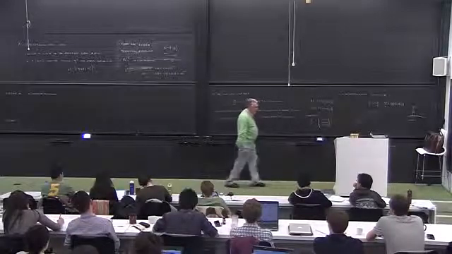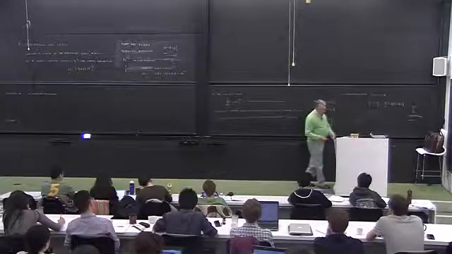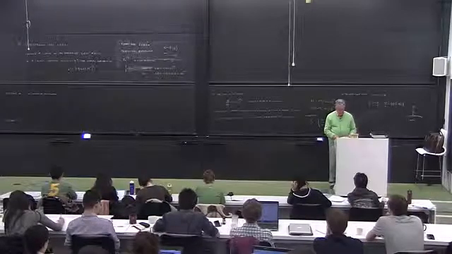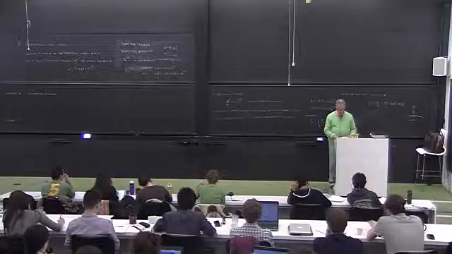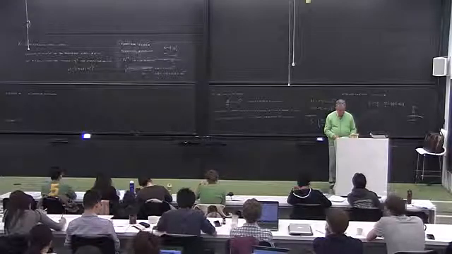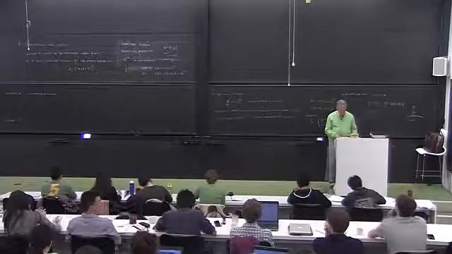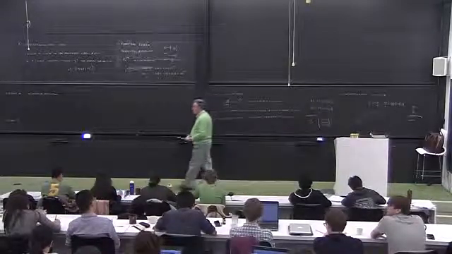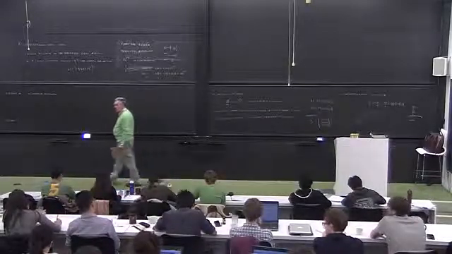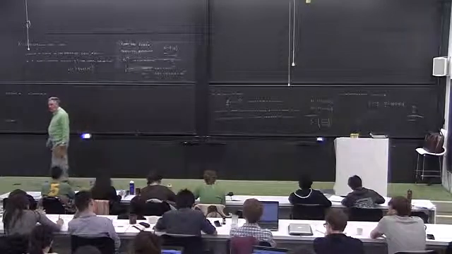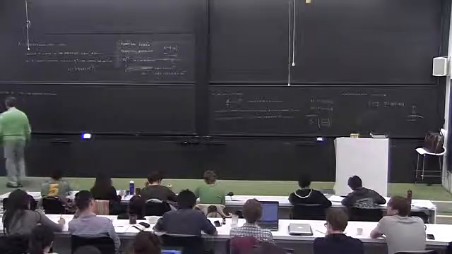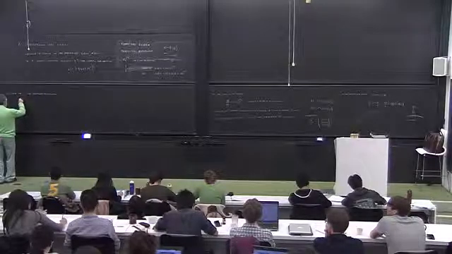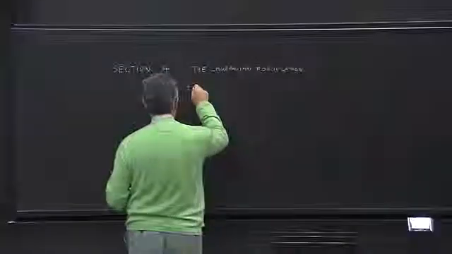So we're going to be showing how Einstein's equations and the equations of the other fields that gravity is coupled to follow from a Lagrangian, or more precisely, an action, which is the integral over all space of a Lagrangian density. So the first thing we need to do is talk about integration of tensors.